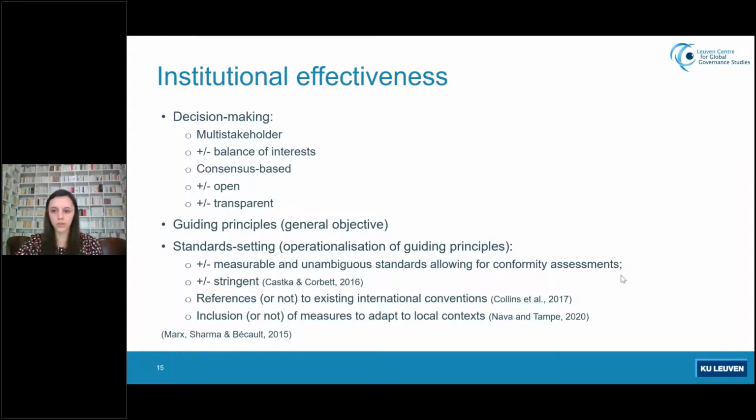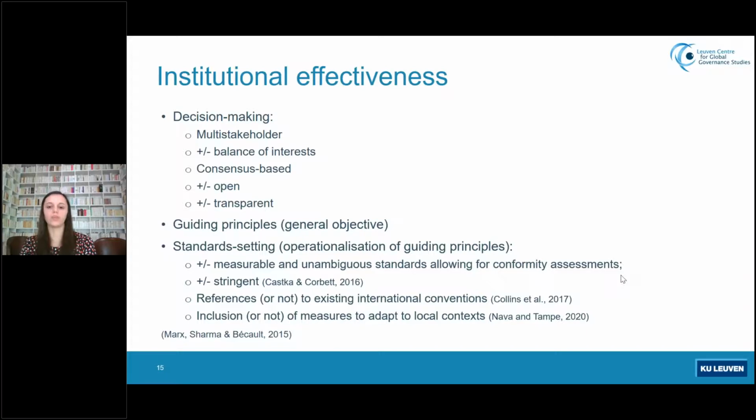So to continue, standards can also make references to existing international conventions. Collins and co-authors wrote a report in 2017, and they showed that a lot of VSS cite international laws or norms in their standards, and they make references to ILO core conventions, for example, but also to the UN guiding principles on business and human rights, or to the UN declarations on human rights.